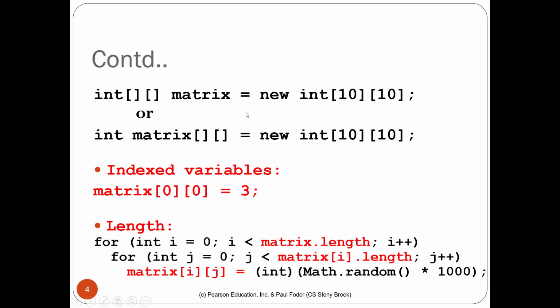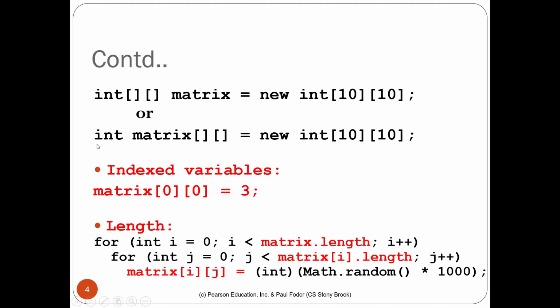That means we are creating a two-dimensional array which we are calling matrix, and its dimension is 10 rows and 10 columns.